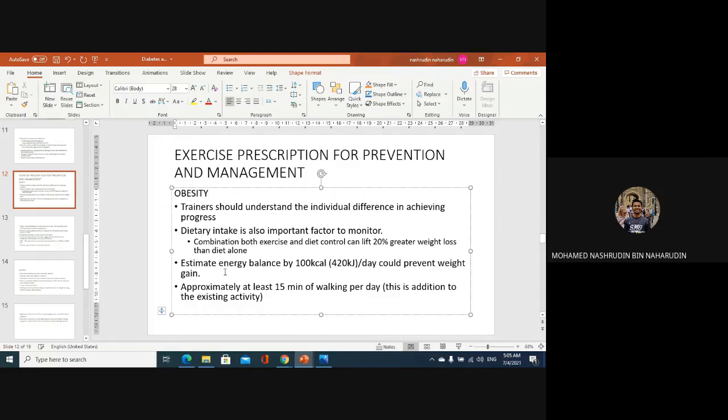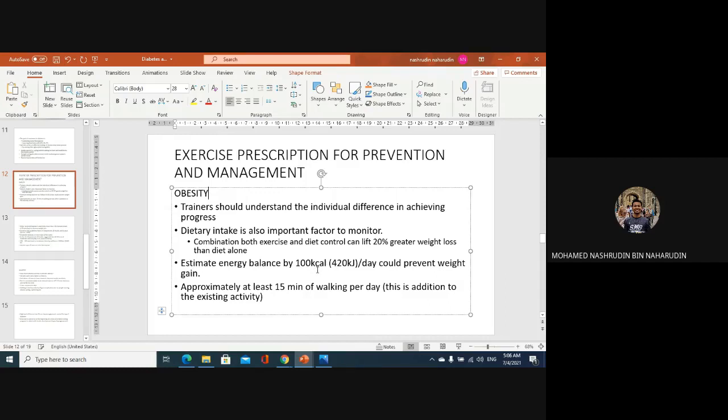Researchers have also reported that the estimated minimum energy balance you need to control to prevent weight gain is actually 100 kilocalories per day. So plus or minus 100 kilocalories should not be exceeded, to prevent any weight gain.